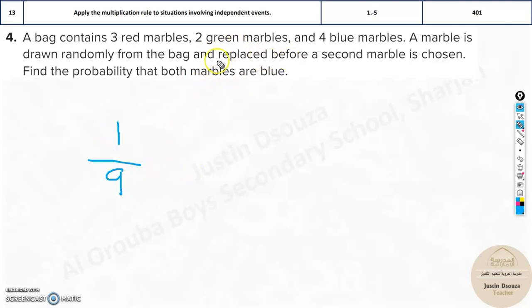But now look over here. If it is not replaced, if they don't put it back, in the next try it's going to be less. How many blue marbles are there? It is 4. I hope you have noticed that. So 4 by 9. Now in the next try it would have been 3 by 8, but they have told us it is replaced. You choose a marble, I got blue color, put it back. Now again I'm choosing, so it's going to be the same thing, 4 by 9, because the total marbles are 9 and there are 4 blue marbles.